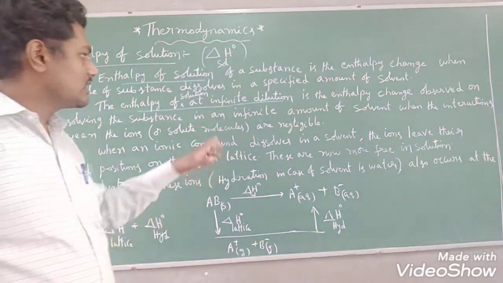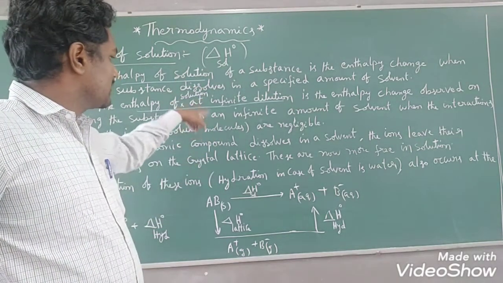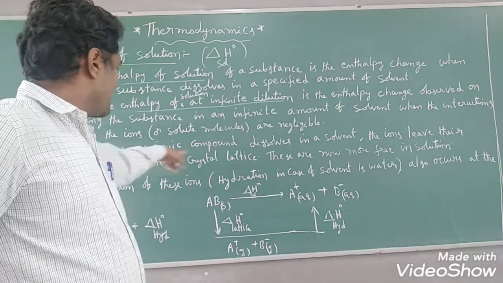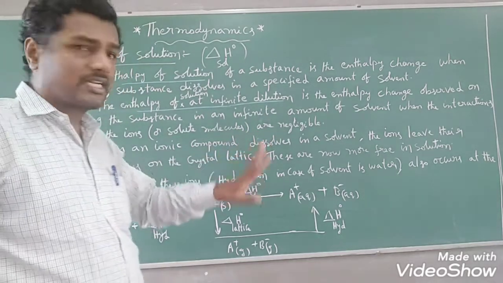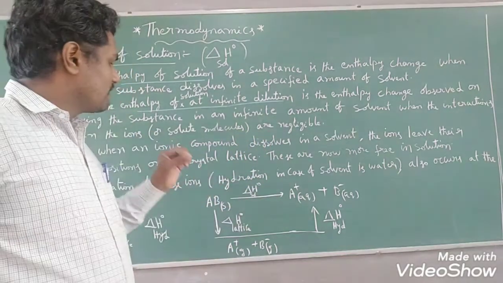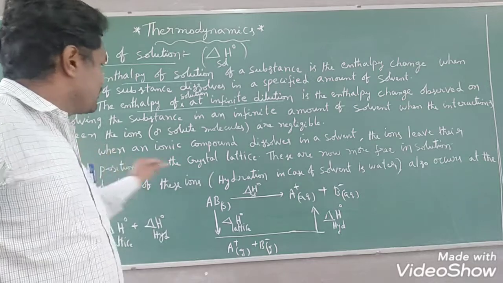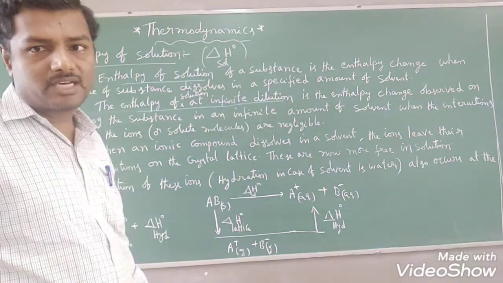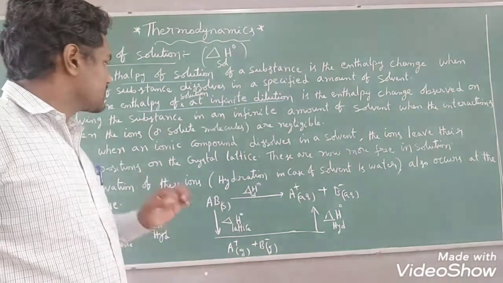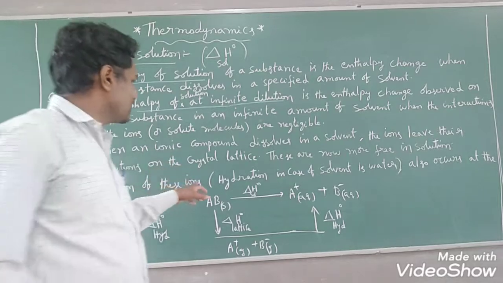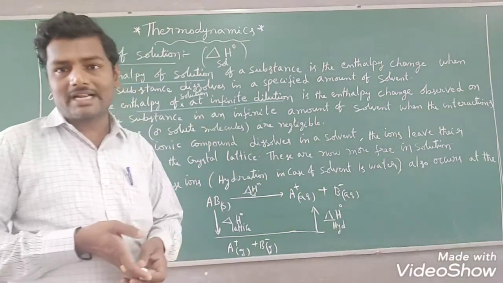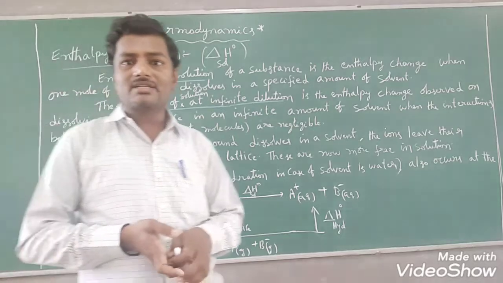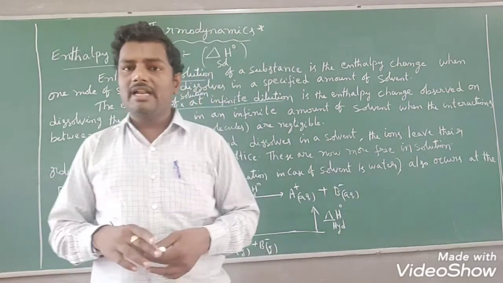When an ionic compound dissolves in a solvent, the ions leave their ordered positions in the crystal lattice. That is one thing. And one more thing: solvation also occurs at the same time. If you take water as the solvent, we call that hydration. What does hydration mean?